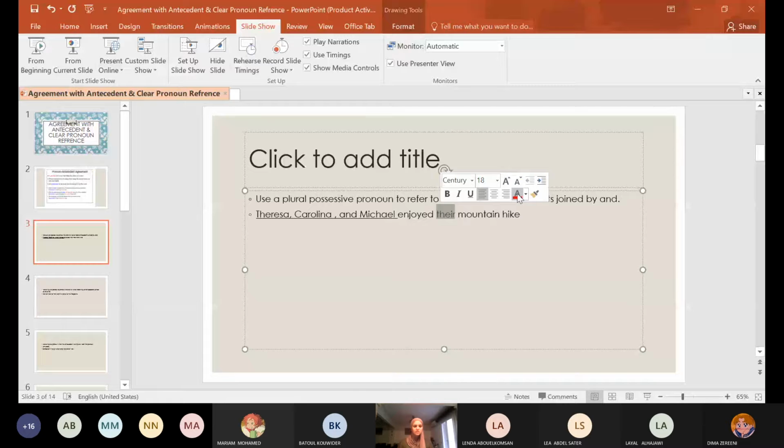Because it's plural here: 1, 2, 3, plural. So it is their mountain hike, it is their for the three. These are the antecedents, and their is the pronoun that replaces Teresa, Carolina, and Michael, because the sentence was supposed to be "Teresa, Carolina, and Michael enjoyed Teresa's, Carolina's, and Michael's mountain hike." Instead of that, their mountain hike.